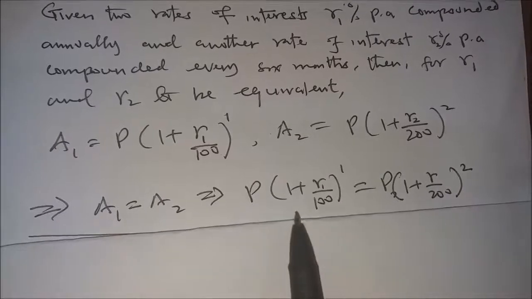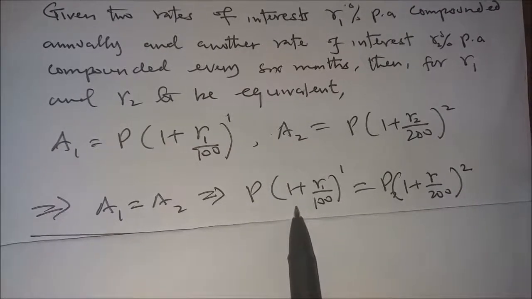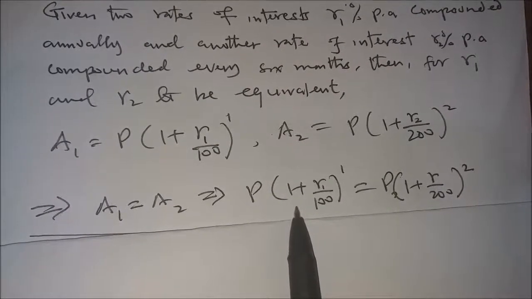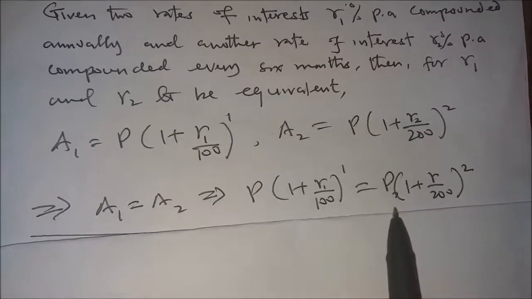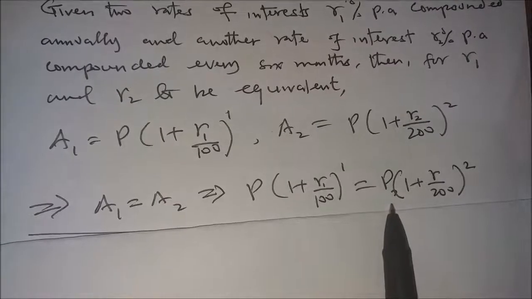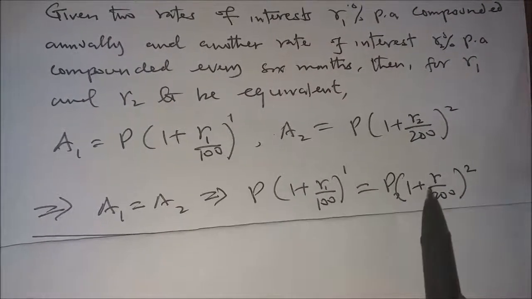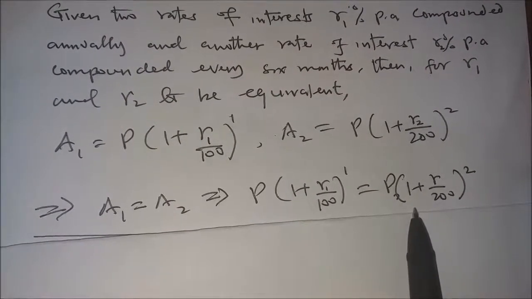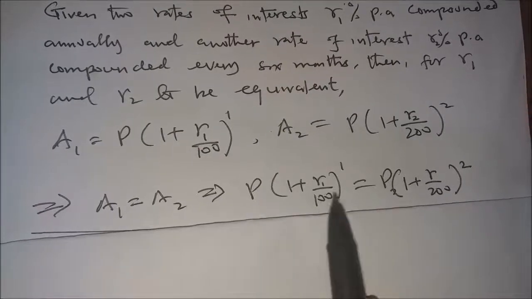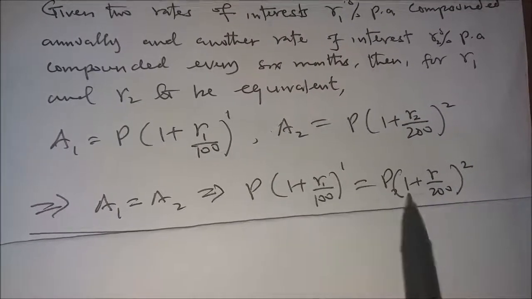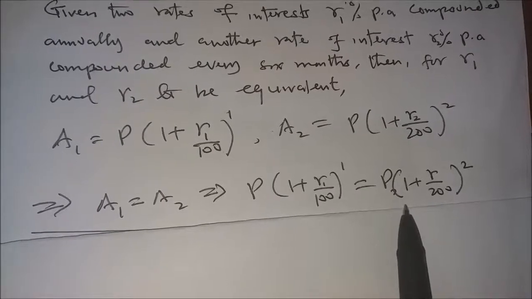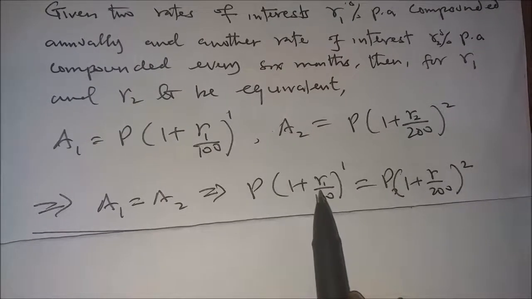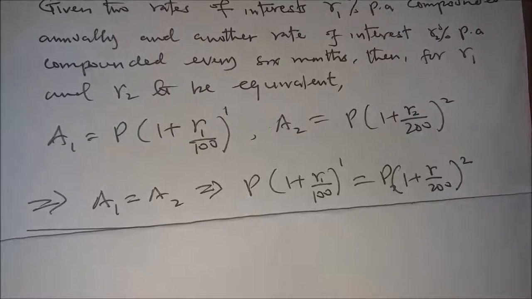So if the amount calculated with the R1% per annum is equivalent to the amount calculated with the R2% per annum, then the two accumulated amounts must be equal. That is only true if R1% per annum is equivalent to R2% per annum.